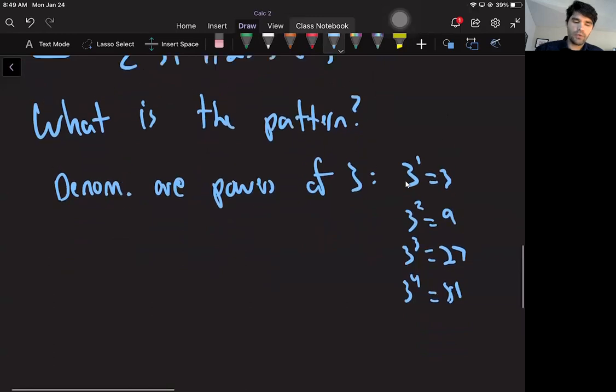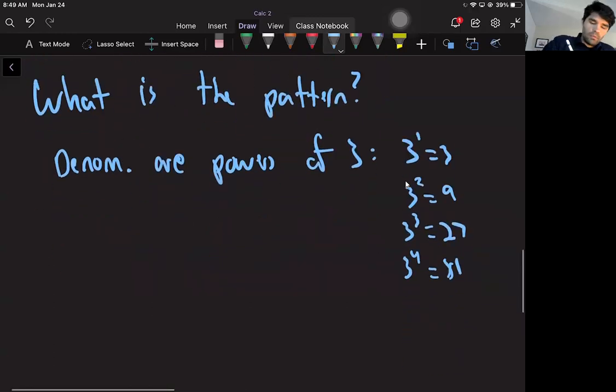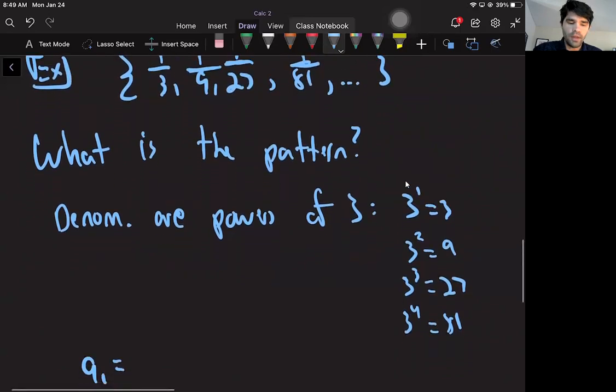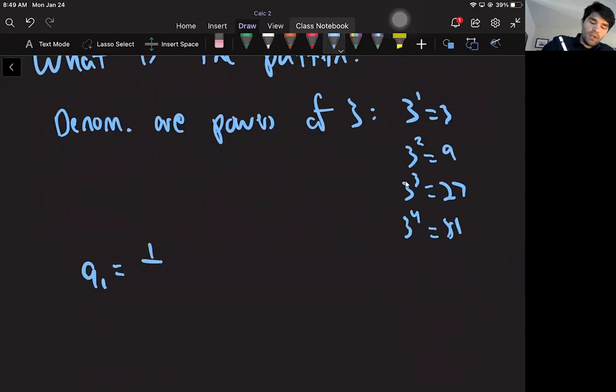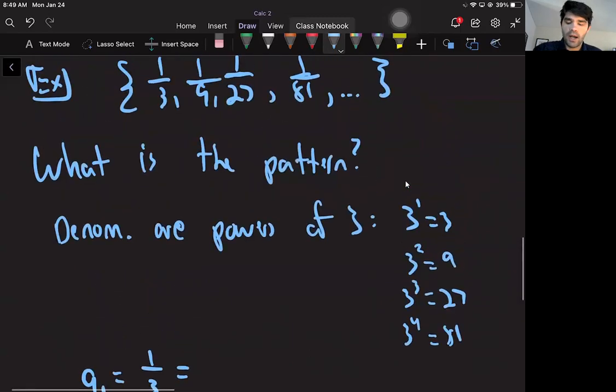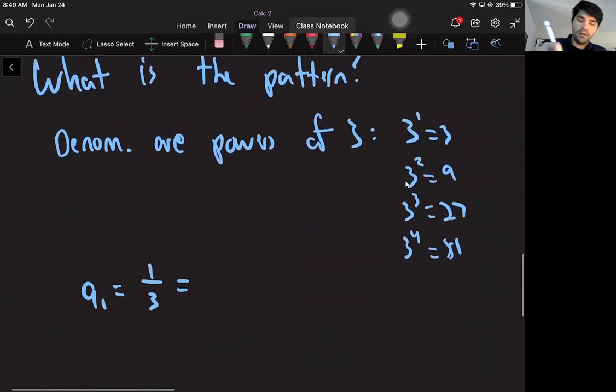So let's just write out A1 through A4 in that way. So yes, you would say A1 is 1/3, but the trick to these is trying to establish a pattern by relating this 1 to the term.